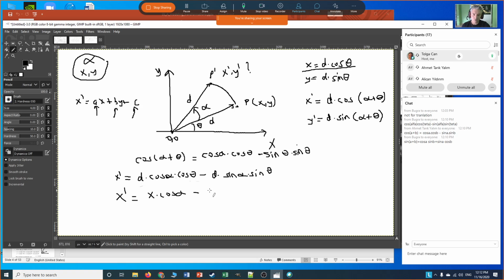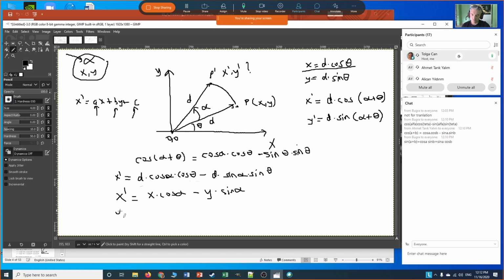It was the previous y-coordinate. So minus the previous y-coordinate times sin alpha. So what we just did was write x prime as a linear combination. This sin alpha and cos alpha are just constants because alpha is given to us. You just find sine alpha, cosine alpha, and they become constants. You just wrote x prime as a linear combination of the previous two coordinates.